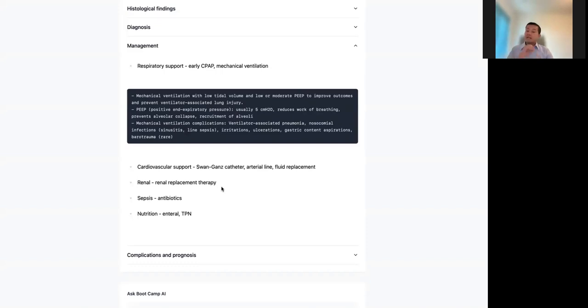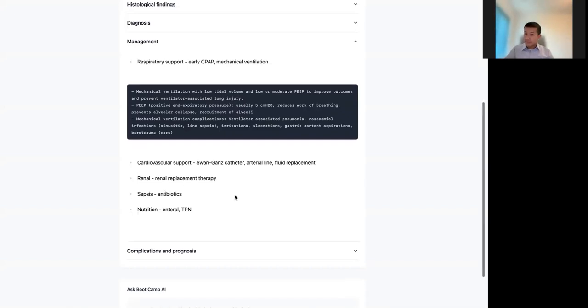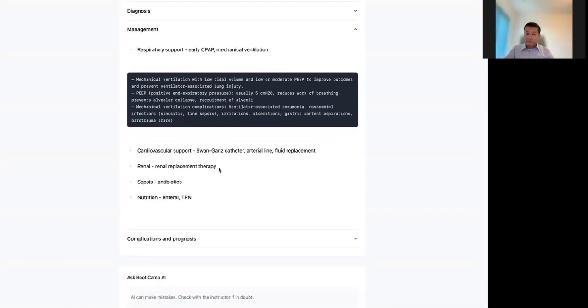But in the ITU, hemofiltration, which focuses on removing the solutes. So there is a small difference between hemodialysis and hemofiltration, but more or less the same. In the ITU settings, we almost always use hemofiltration. Regardless, that collective term is called renal replacement therapy. That's usually the last stop for the renals.